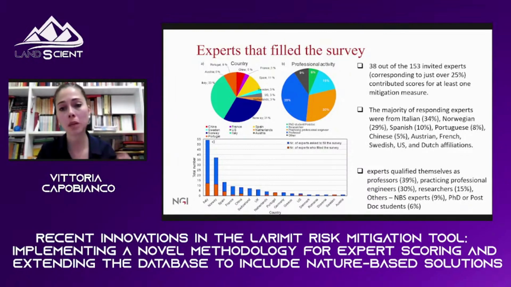This doesn't mean that only 38 responded. We got only 38 responses, but it means that one that responded could respond also to more than one mitigation measure. So at the end, we got a lot of responses for more mitigation measures than 38.